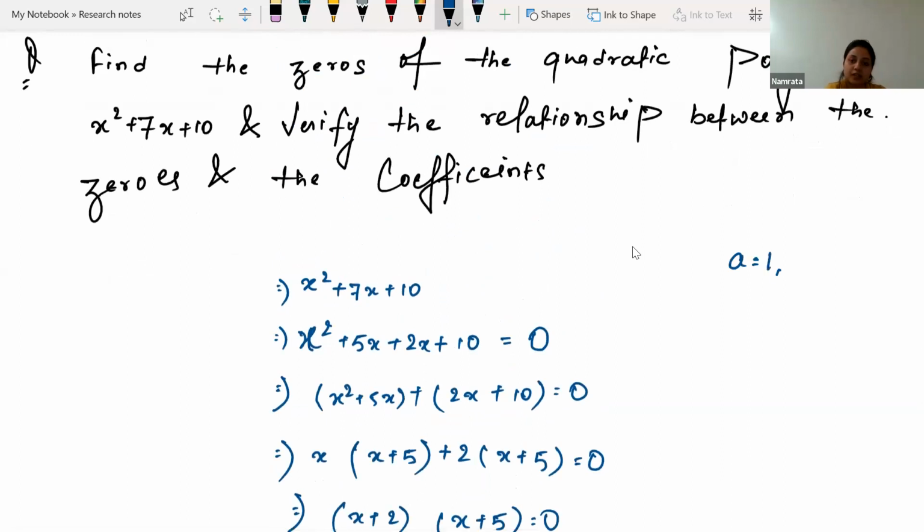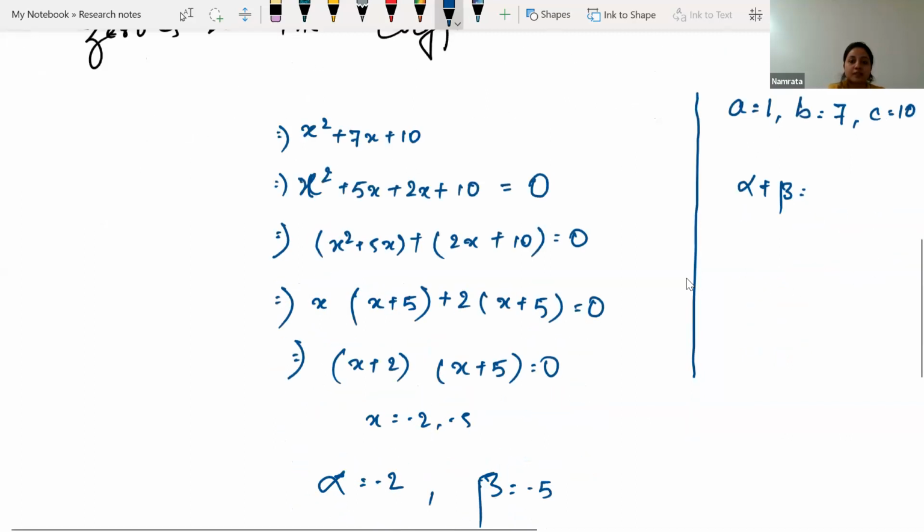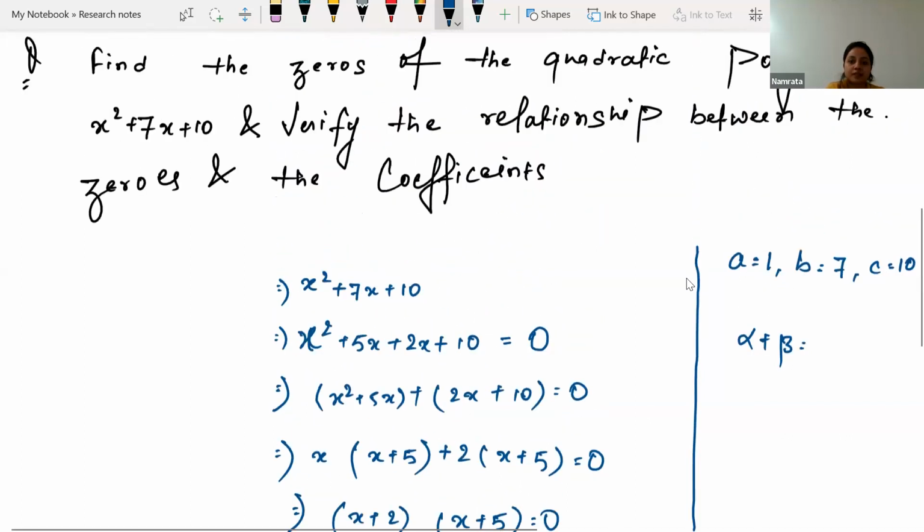Then alpha plus beta is minus 7 by 1, which is minus 7. For verifying it, it will be minus b by a, and minus b will be minus 7 by 1, which is minus 7.